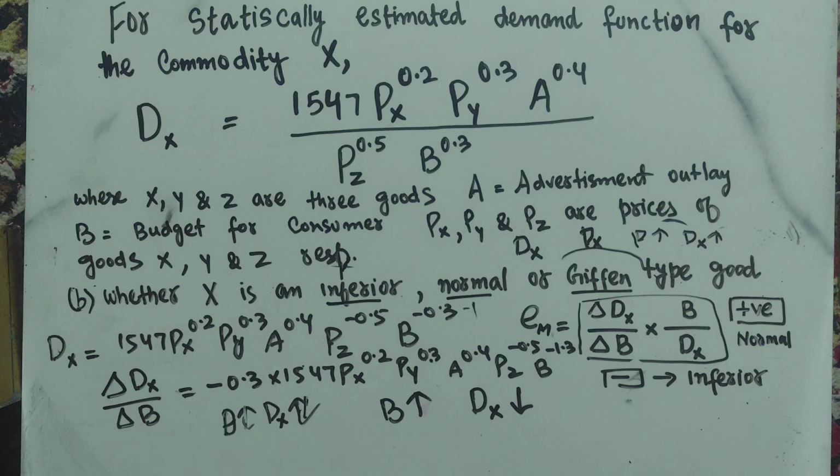In this case we have the inferior good, that is good X is inferior because we are dealing with the income elasticity of demand here. I hope I make myself clear. Thank you.